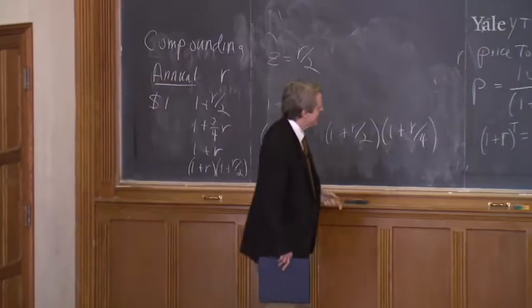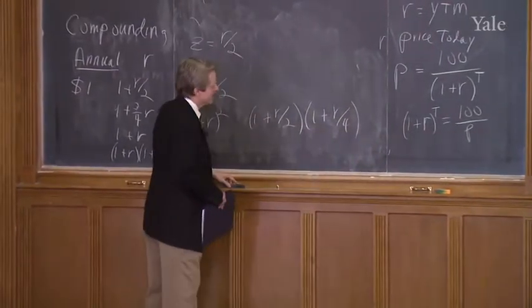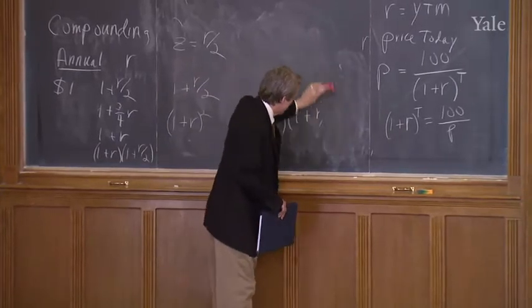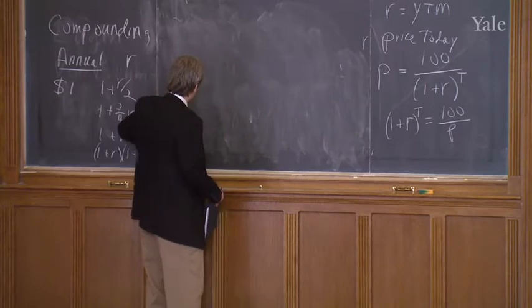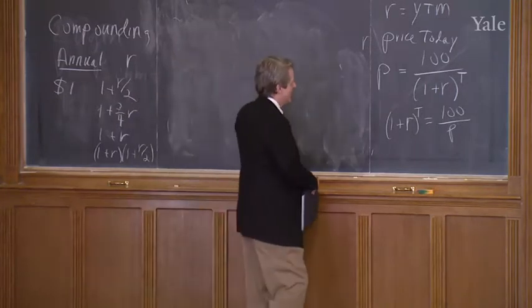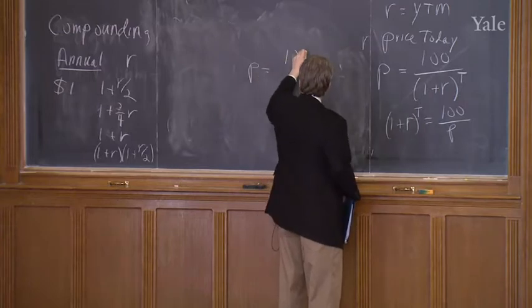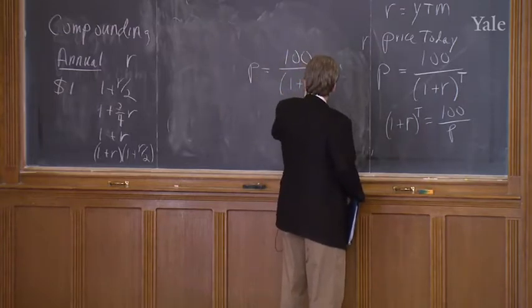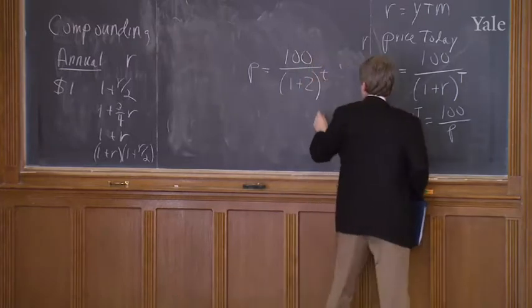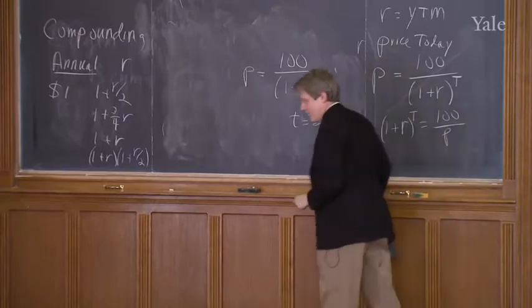So the formula that Fabozzi gives for a discount bond, since it assumes a different compounding interval, is P equals 100 all over 1 plus Z to the lowercase t, where lowercase t is 2t.